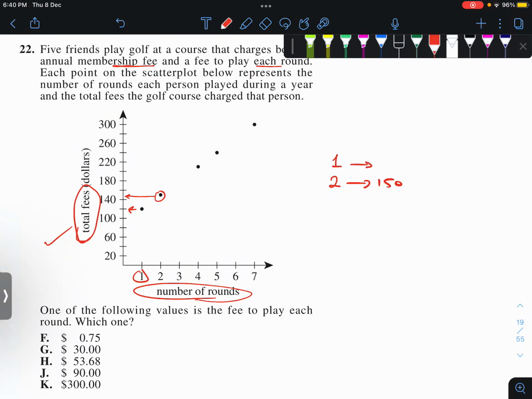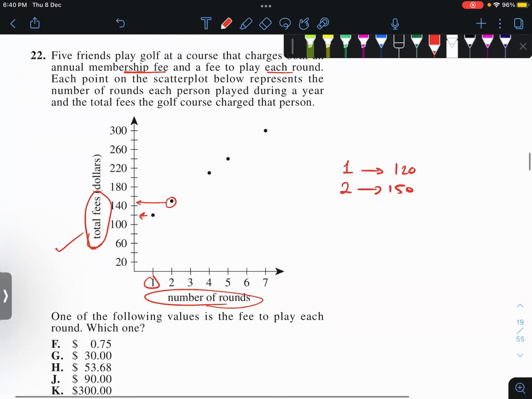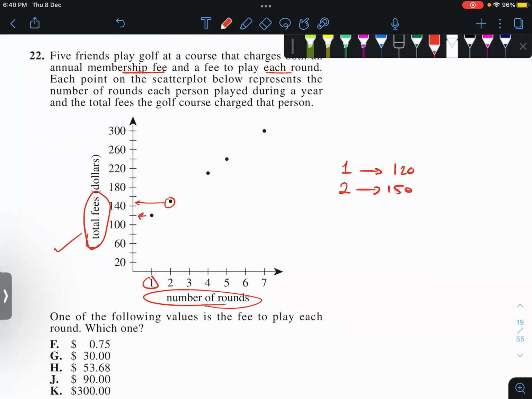And when it's 1, it's about 120. But this is only for the number of rounds, right? The scatter plot represents the number of rounds each person played during a year. We should add something to this. Yeah, 120 and 150, divided by 2.